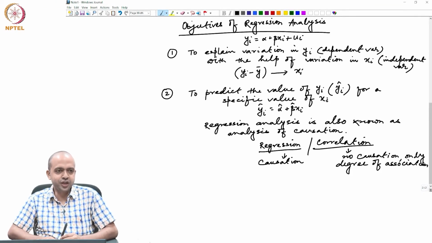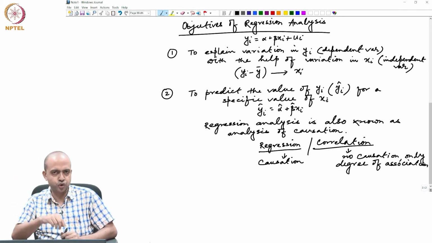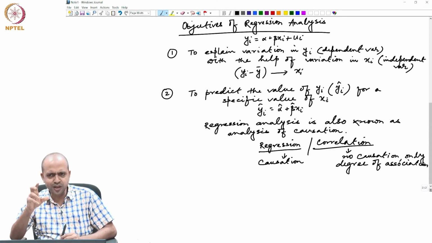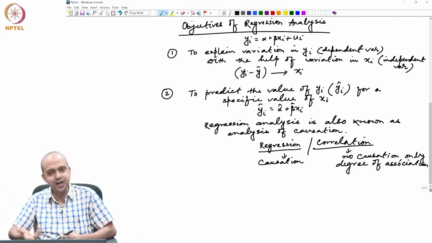Say another example, let us say I have collected students' scores in mathematics and statistics. Then the correlation analysis of mathematics score and statistics score can tell you whether there is some kind of degree of association between the math score and stat score, but I do not know whether math score is leading to stat score or stat score is leading to math score, that I do not know.